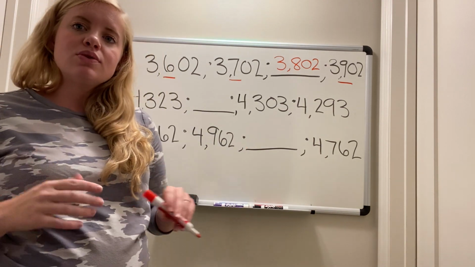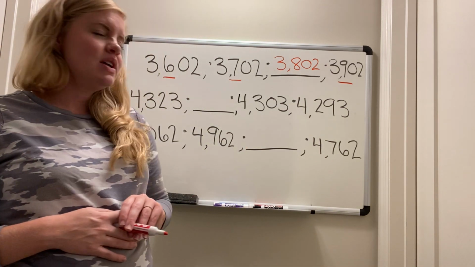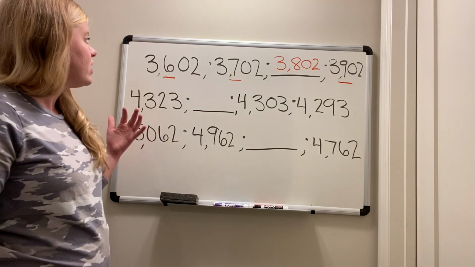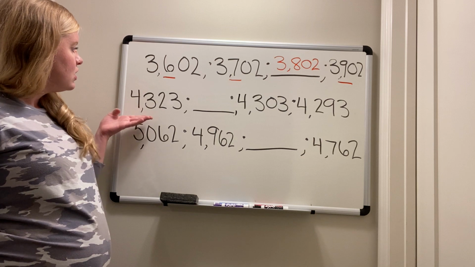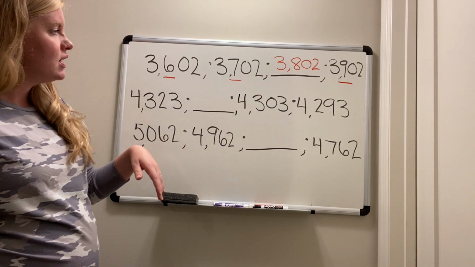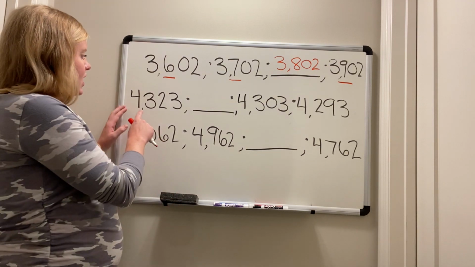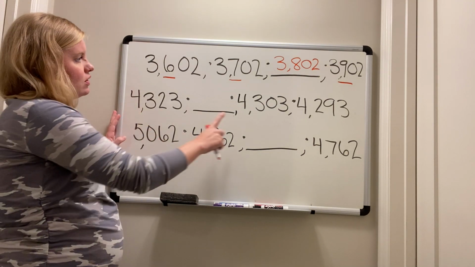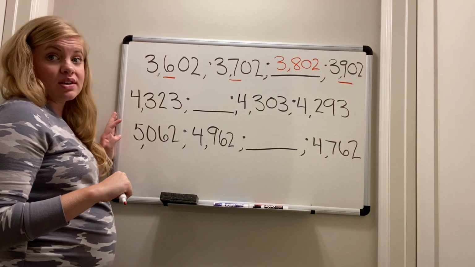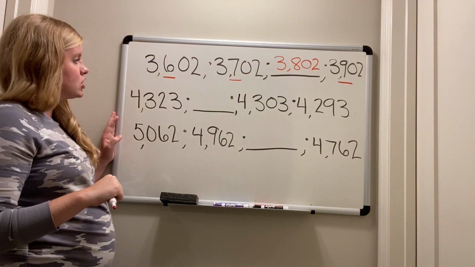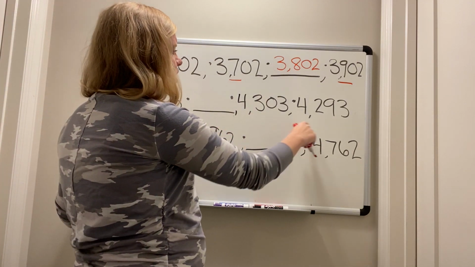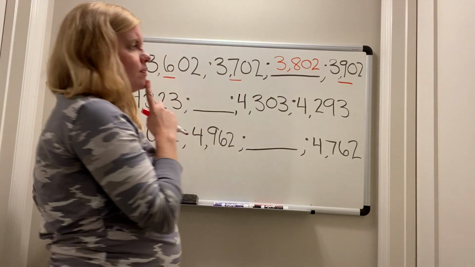Okay, now let's go to our second number pattern. Now this one is a tad trickier for a few reasons. Let's check it out. Okay, so we're going to use the same strategy. We're going to see which digit is changing, okay? So I have a 4,000 here, 4,000 here, 4,000 here. So it is not the thousands place that's changing. 300 here, a 300 here, and a 200 here.